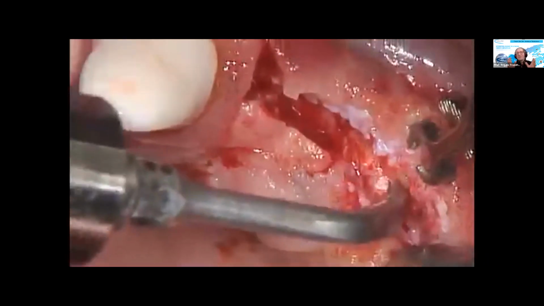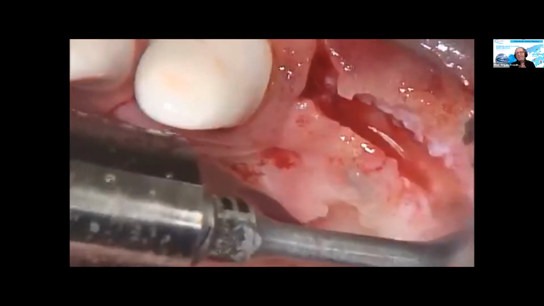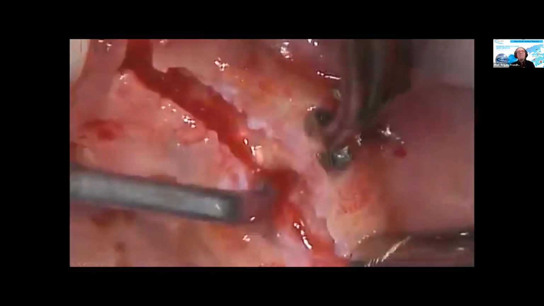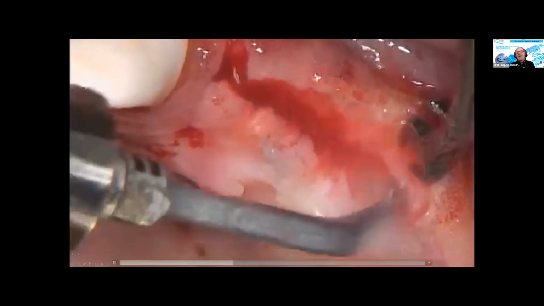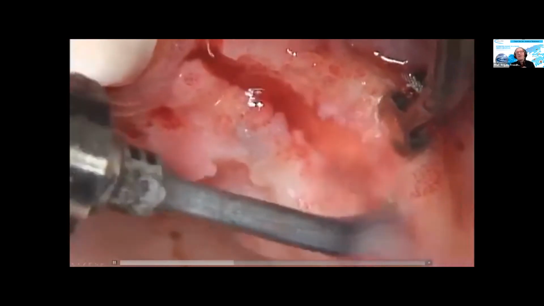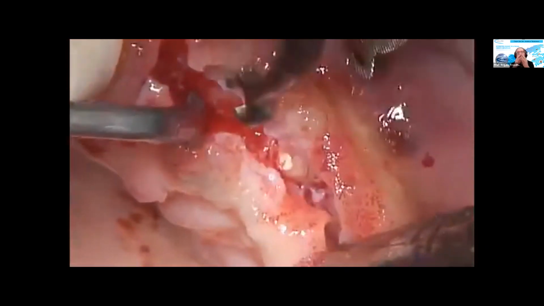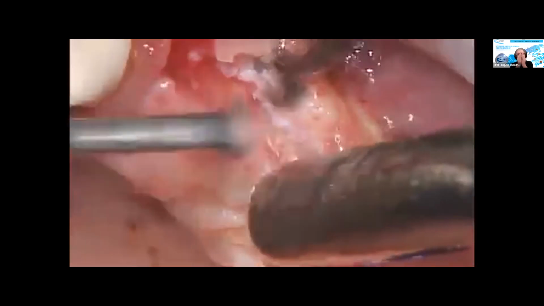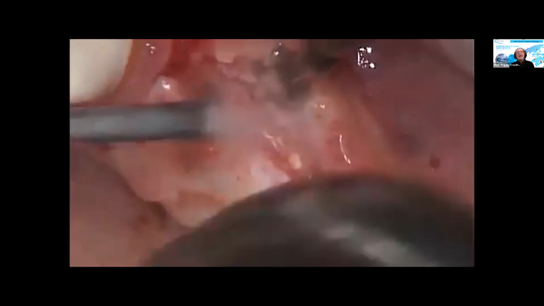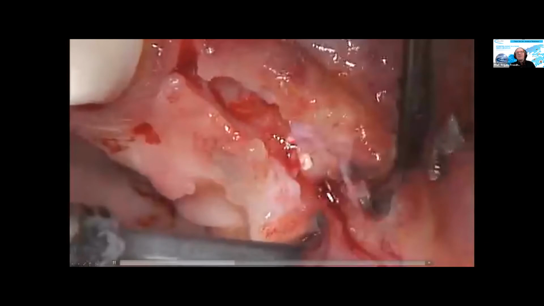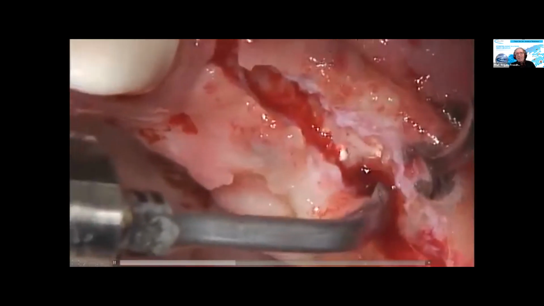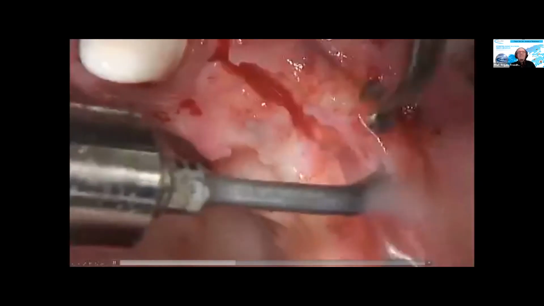But in this case, of course, we also go for atraumatic. That means we just have a mesiodistal incision on top of the alveolar crest, and we just open a small booklet flap. We call it because it opens like a booklet, but we don't detach the periosteum from the buccal bone plate and not from the palatal bone plate.